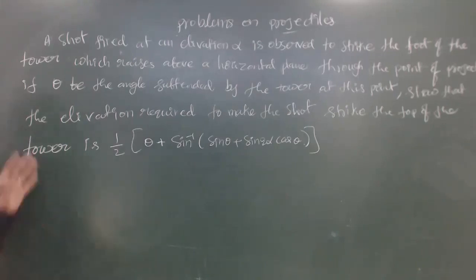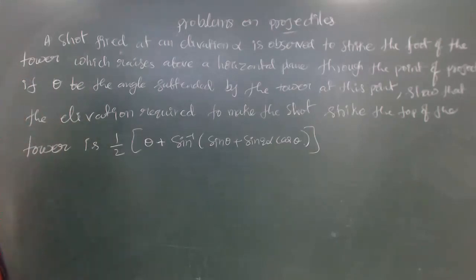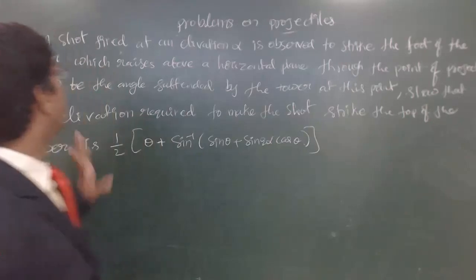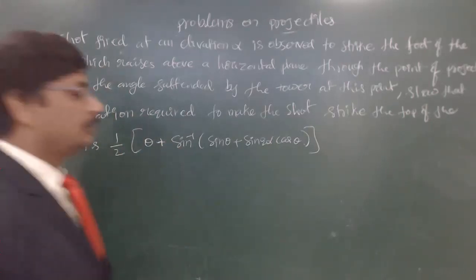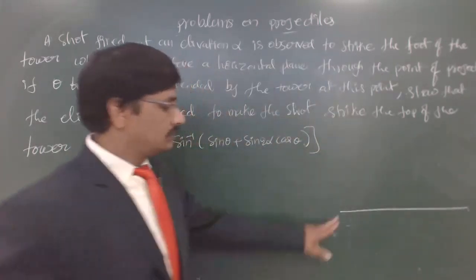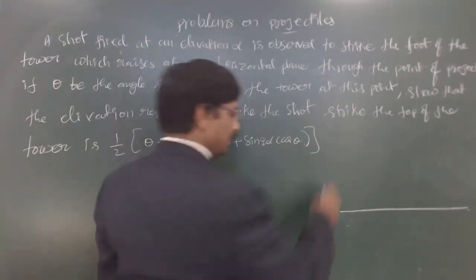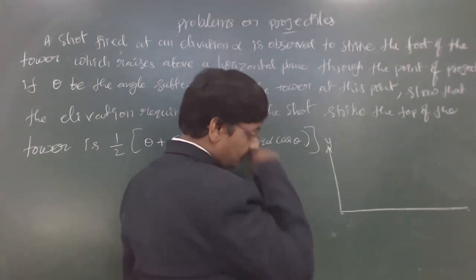So what is happening in this problem is a shot fired at an elevation of alpha, which is observed to strike the foot of the tower, which rises above a horizontal plane through the point of projection. Suppose this is the horizontal plane and this is the point of projection, and this is the y-axis.